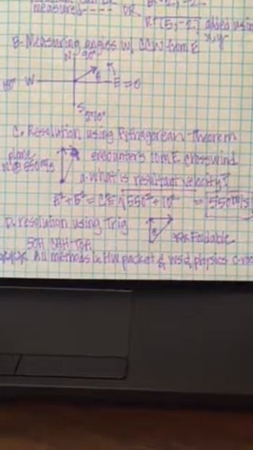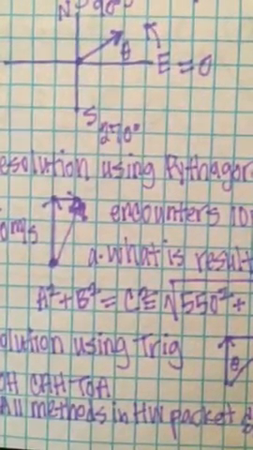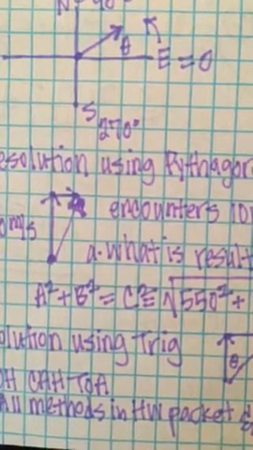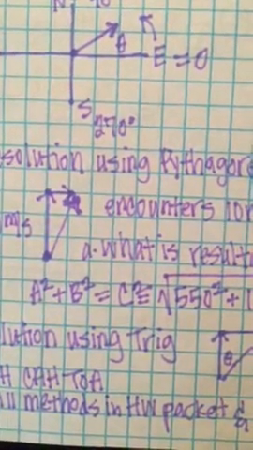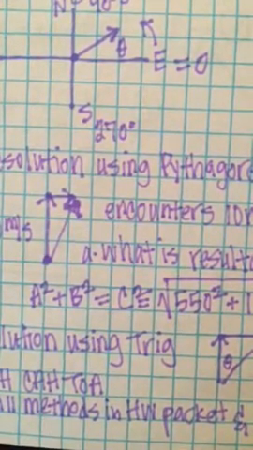So then we ask ourselves, what's the resultant velocity? Our resultant is shown there as the arrow that is pointing in the northeast direction.